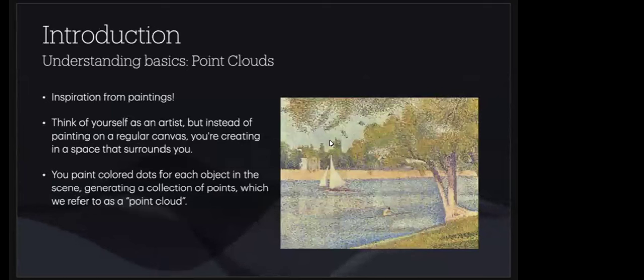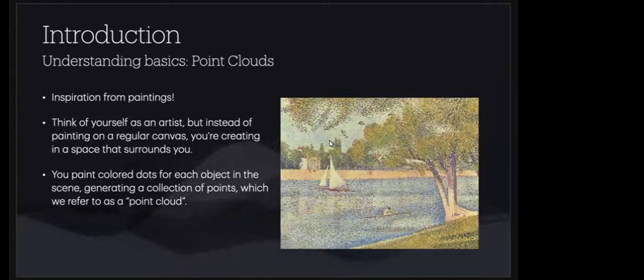In order to do that, let's understand the basics first, right? I will do that by taking inspiration from paintings. Think of yourself as an artist painting on a very regular canvas, creating a space that surrounds you.